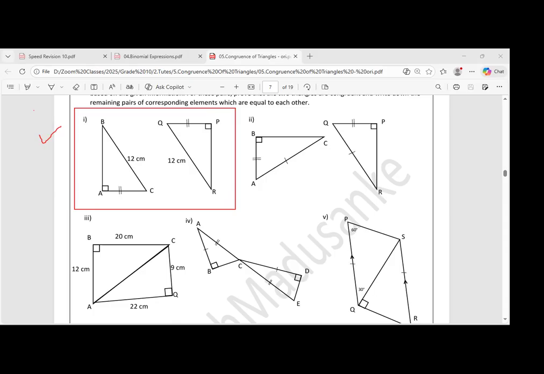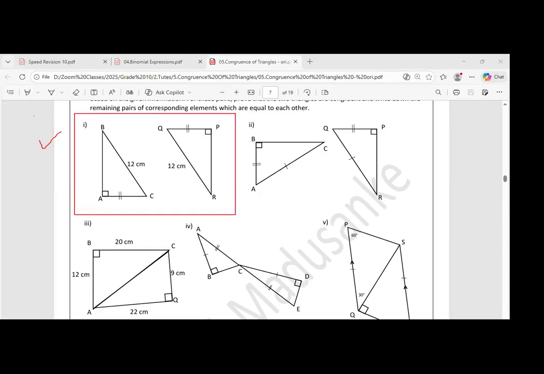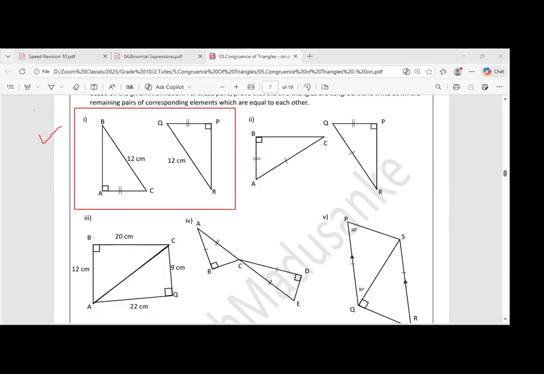Now, I have received an answer. Devmi has done it. Okay, nice. Here ACB equals.